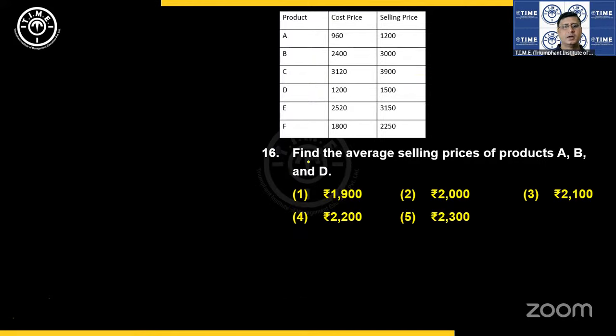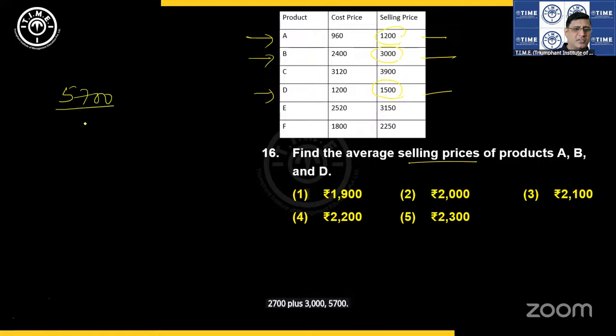Look at next example. Find the average selling price of the product A, B, and D. What to find? Average selling price. 1,200, 3,000, and 1,500. 1,500 plus 1,200, that is 2,700. 2,700 plus 3,000, 5,700.